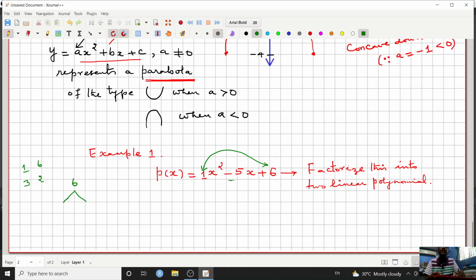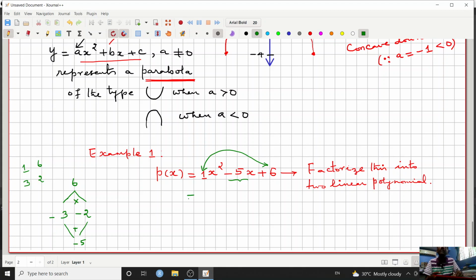But what do we have in the middle? We have minus 5 in the middle. So I am looking for two numbers which, when you add them, you will get minus 5, and when you multiply them, you will get plus 6. Obviously the option is 3 and 2, but they are positive, so I have to make them negative. When you add them, what you will get is minus 5.